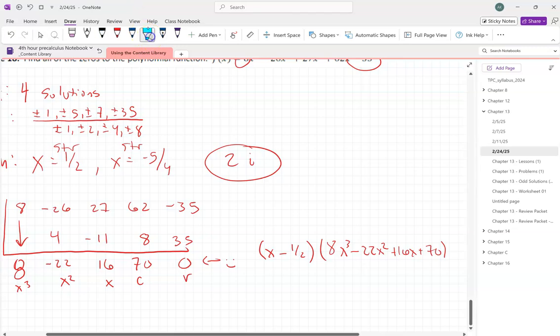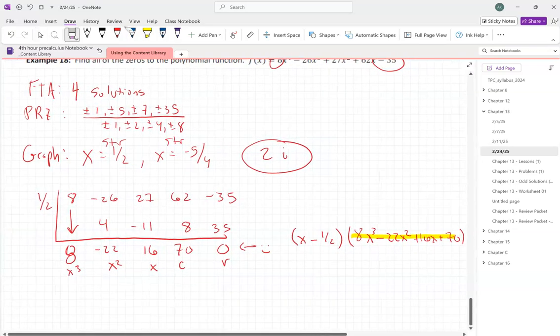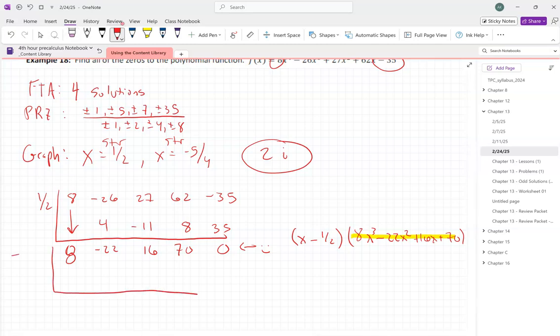Now, unfortunately, if I look at this, that's 4 terms still. If I take a quick look, I'm going to be pretty convinced pretty quickly that that's not factorable by grouping. So I'm going to need to continue doing synthetic division here. So the -5/4 is what we're going to have to do.